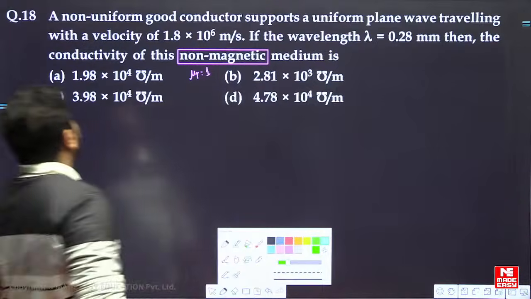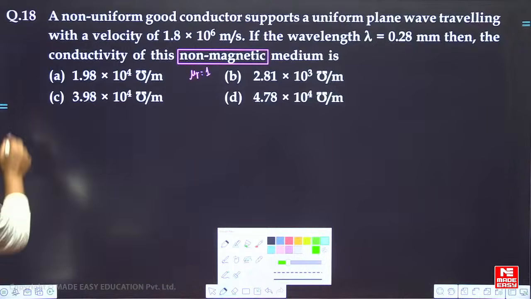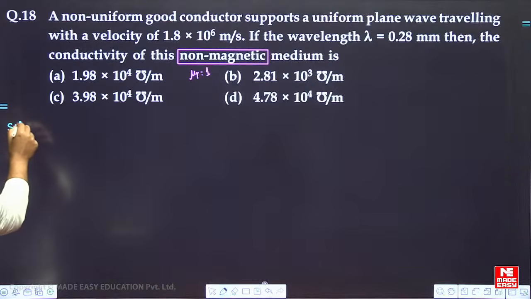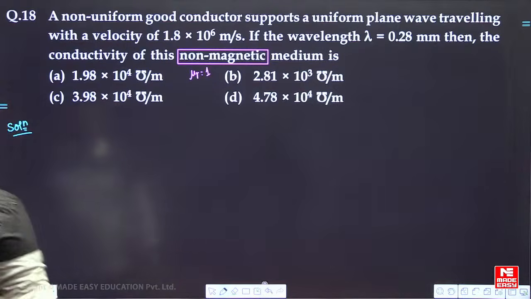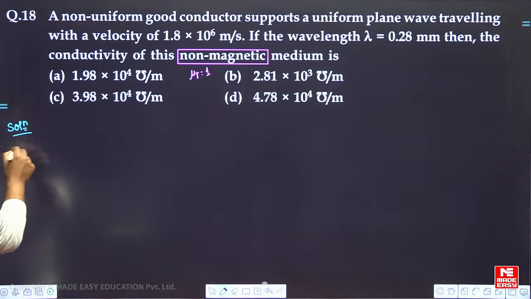Now how to solve this? So what are they asking? Conductivity. Fine.